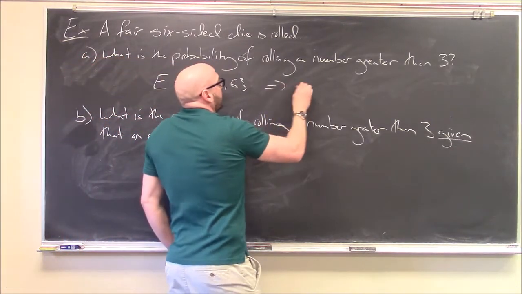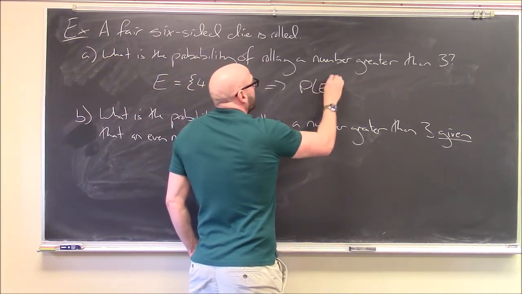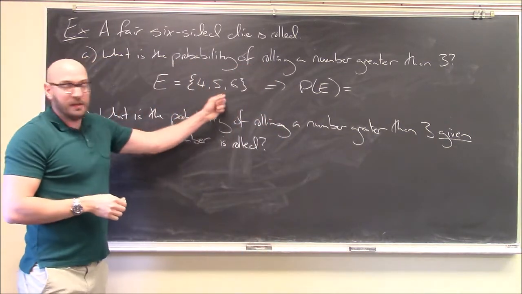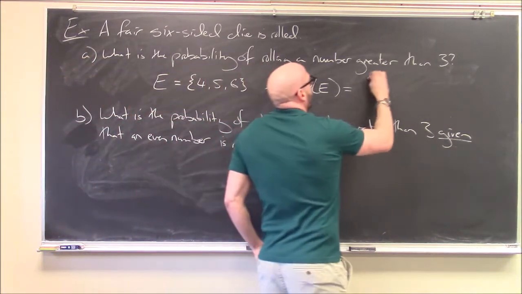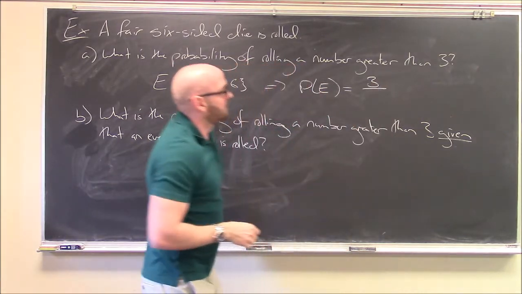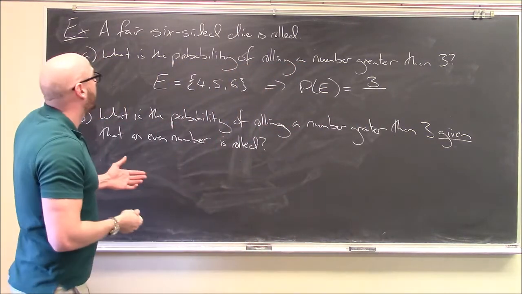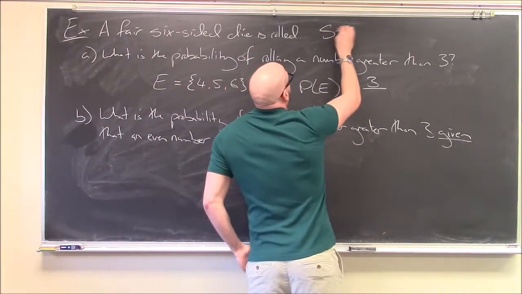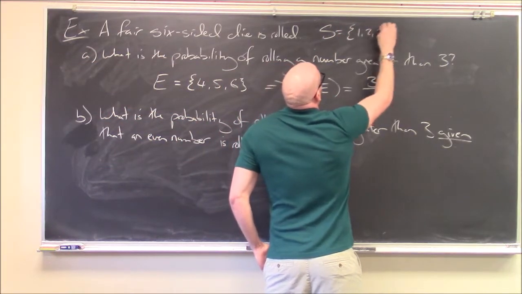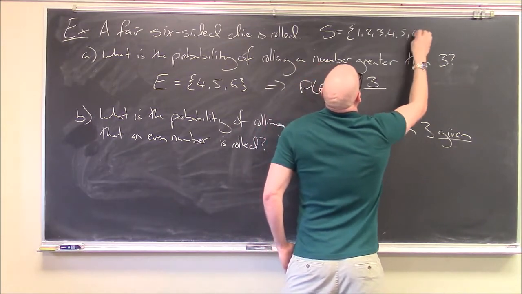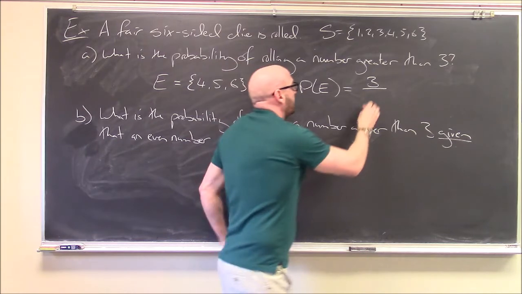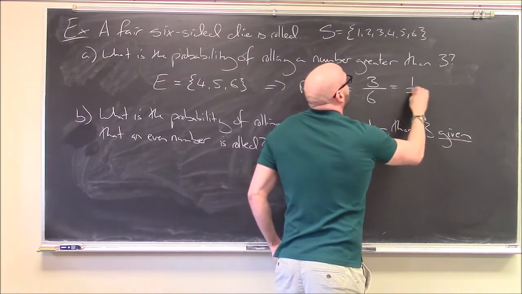And this means that the probability of this event is just the number of elements in E, so 3 of them, over the number of elements in the full sample space. And the sample space, when you roll a 6-sided die, is 1, 2, 3, 4, 5, 6. So 3 over 6 is our probability, or 1/2.